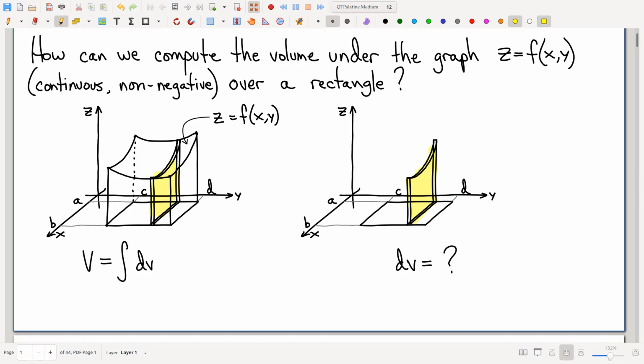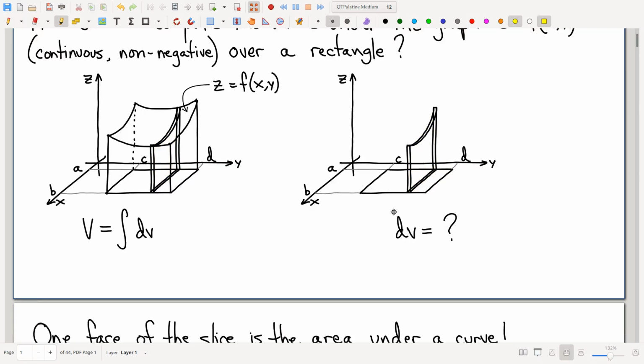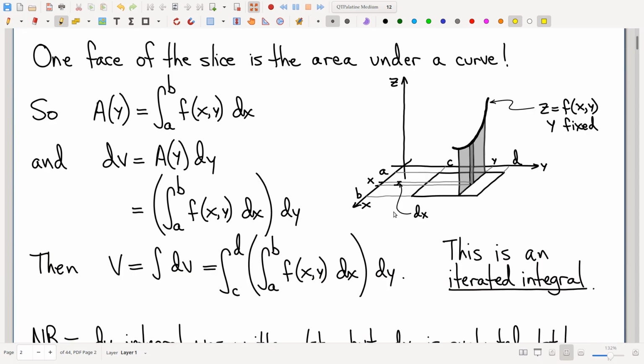Okay, so here's the idea. If we're just a little bit persistent on this, I claim we actually can compute this area without too much trouble. That area, if you think it through, is the area under this curve. That curve came from some surface. That surface was a graph.